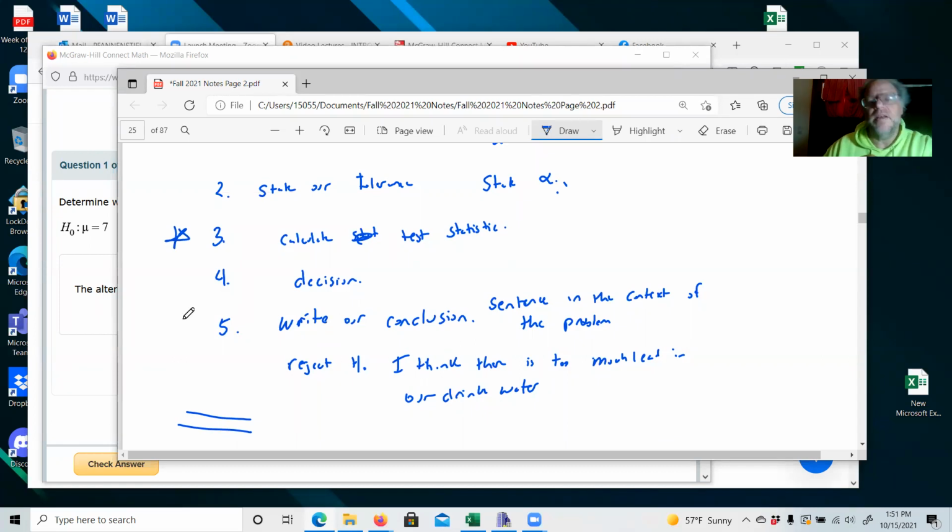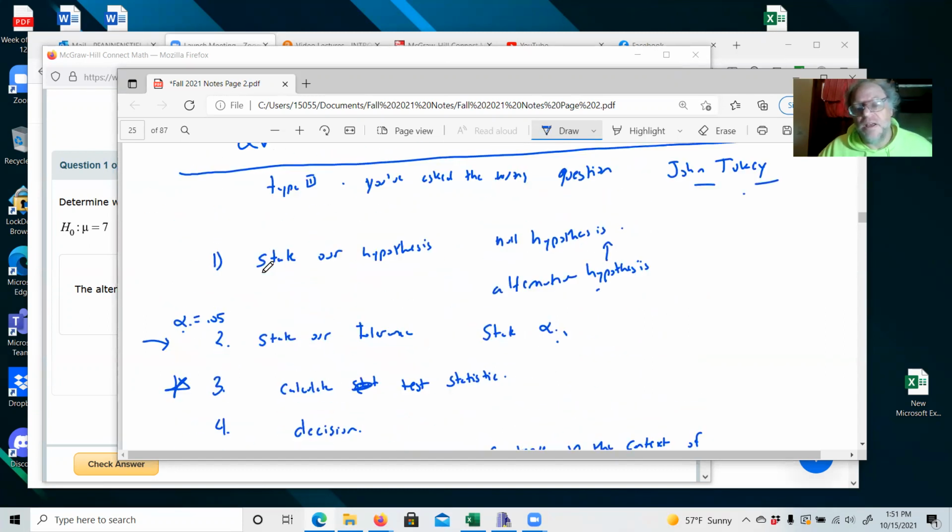But if they don't say alpha, it's 0.05. They will usually say it. Some books just say, we calculate the p-value, this right here is getting our p-value, and we're just going to let the reader choose.